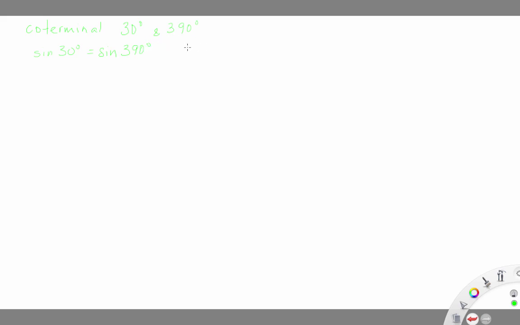Because at the end of the day, those two angles look the same in the unit circle. One of the angles is over here, 30 degrees, and the other goes around a full circle, 360, and then another 30 to reach 390.